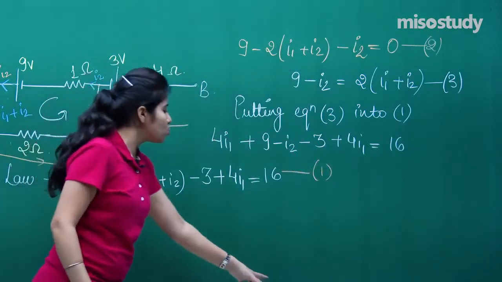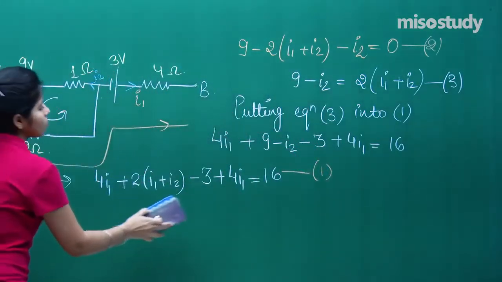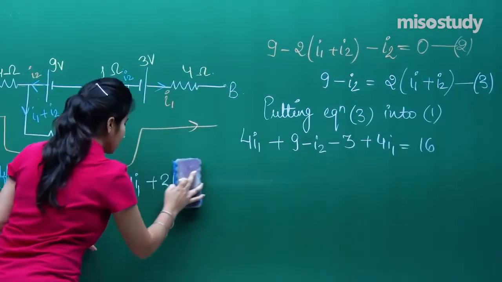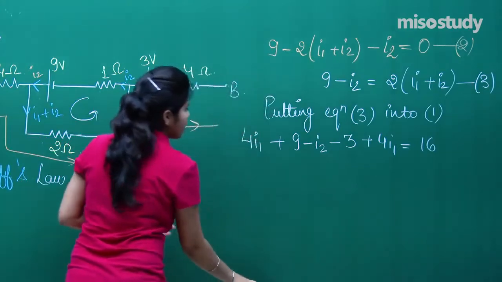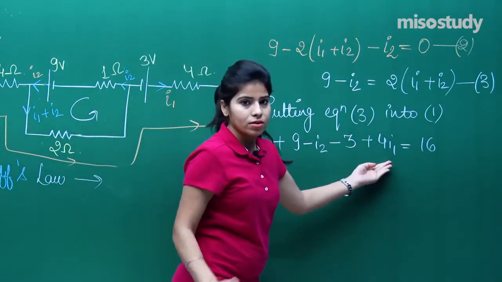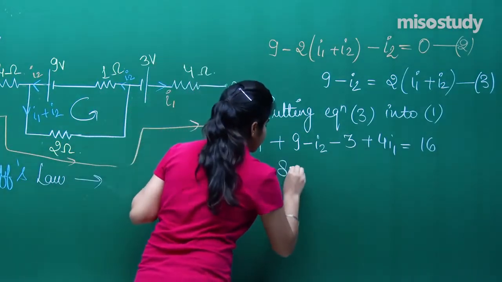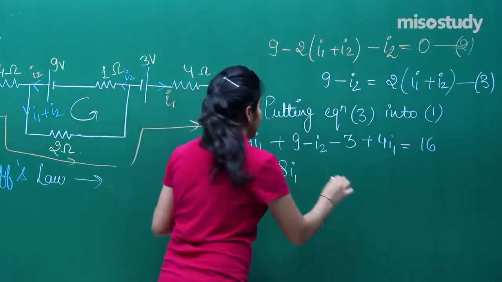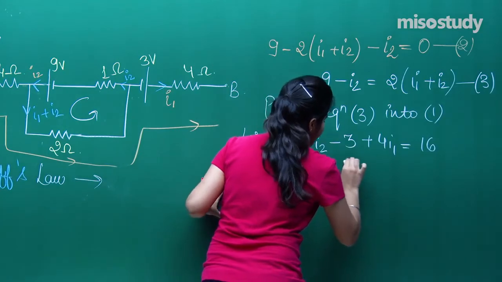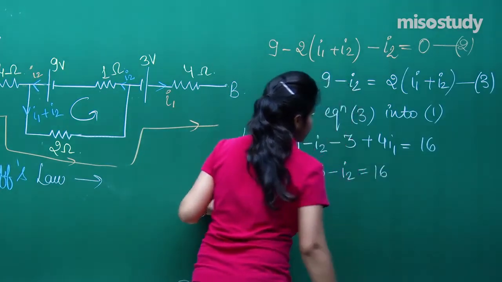Now I am going to rub out equation number 1. So what are we left with now? 4I1 plus 4I1, 8I1, plus 9 minus 3 plus 6 minus I2 equals 16.